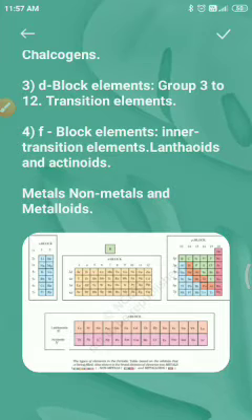Here we get one question. Considering the atomic number and the position in the periodic table, arrange the following elements in increasing order of metallic character: silicon, beryllium, magnesium, sodium, and potassium.